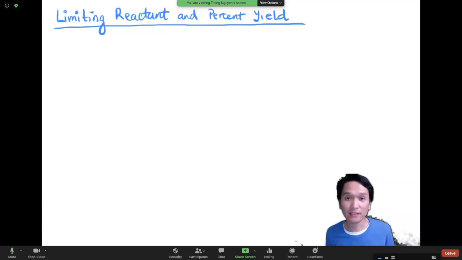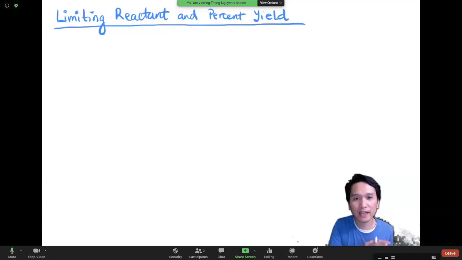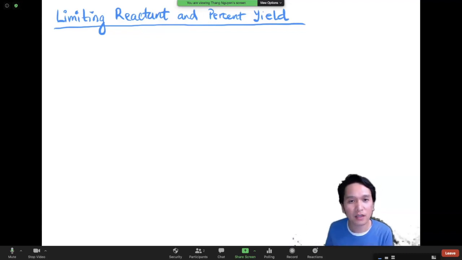All right, our last concept in this section is about the percent yield. So the amount of product that we've been calculating thus far is what we call the theoretical yield, the maximum amount of yield, the best case scenario, the perfect case, where everything that you reacted 100% becomes your product. But of course, in life, it is often never perfect.